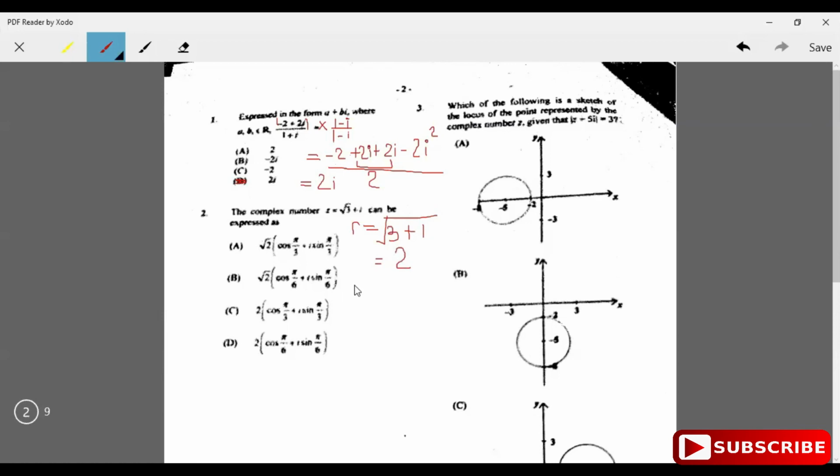And then we need to find our argument, the argument of z. I'm going to call the argument of z theta.